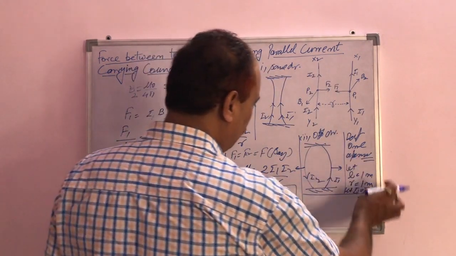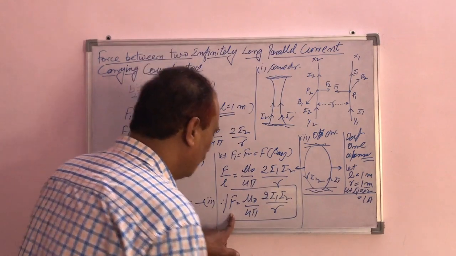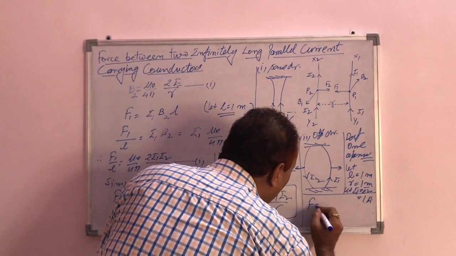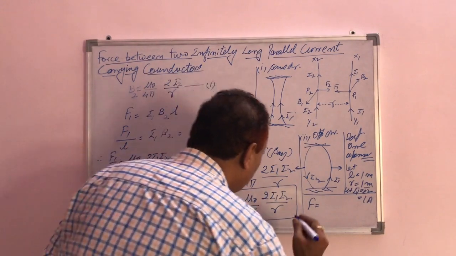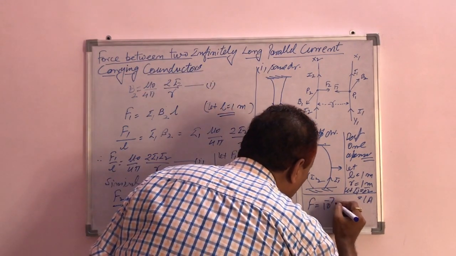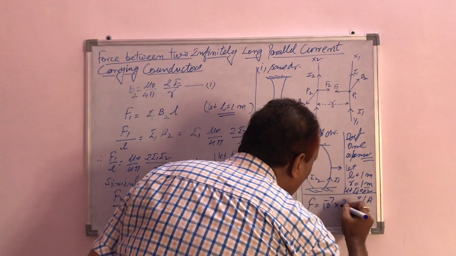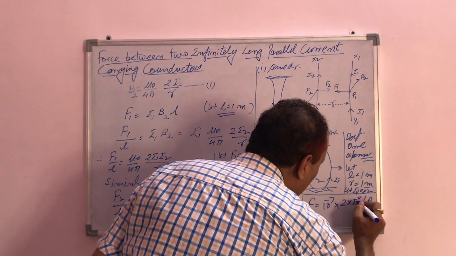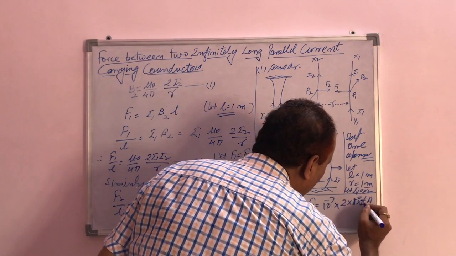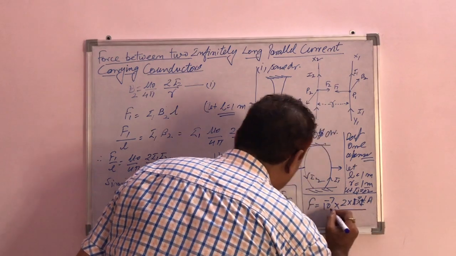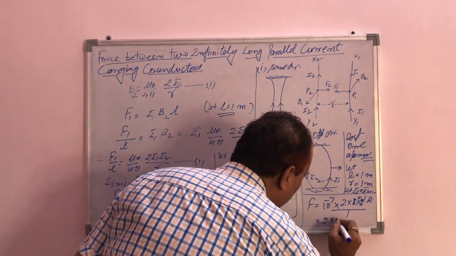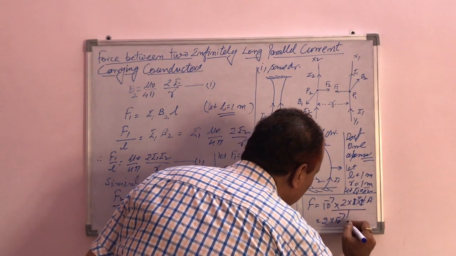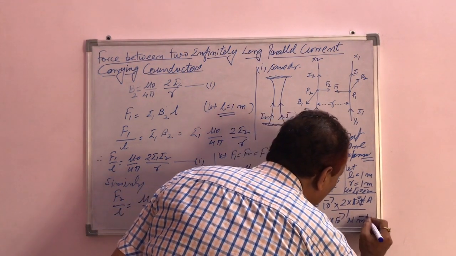When we put these values in the formula, the force acting between them, F, will be equal to mu naught upon 4 pi, that is 10 to the power minus 7, times 2 times I1 equal to 1, I2 again equal to 1 ampere, divided by R equal to 1. So we get 2 into 10 to the power minus 7 Newton per meter force.